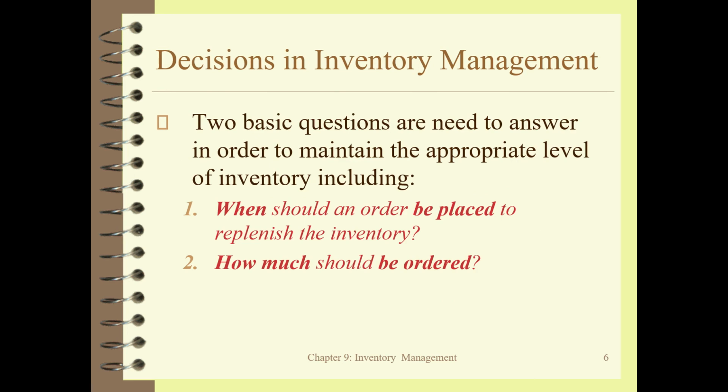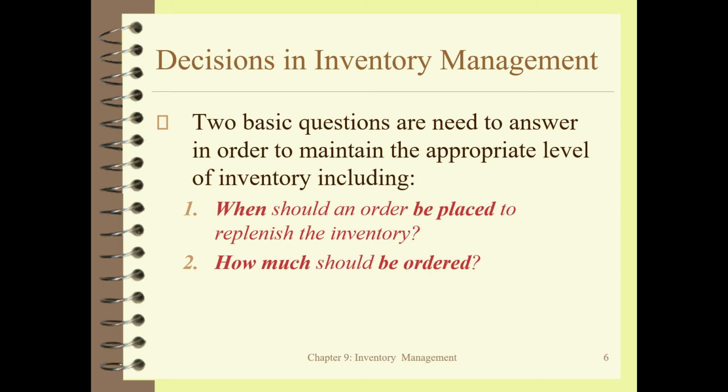For inventory management, we need to answer two questions. The first one is, when should an order be placed to replenish the inventory? When we place an order, how much should be ordered for that item?